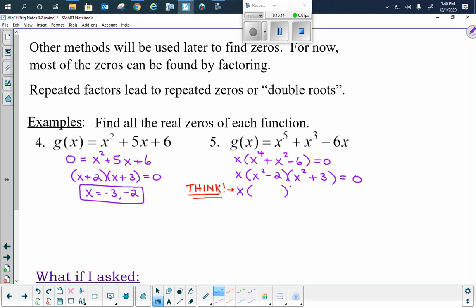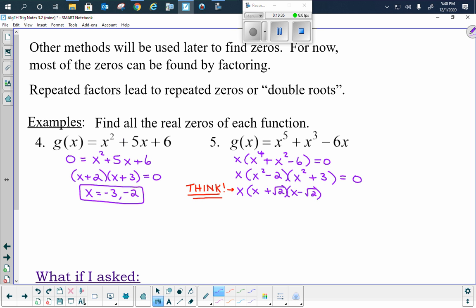So difference of perfect squares for x squared minus 2, right? The square root of x squared is x. The square root of 2 is the square root of 2, and make 1 plus and 1 minus. That's great. I like to think of it that way because then I don't accidentally forget my plus or minus if I were to extract square roots.